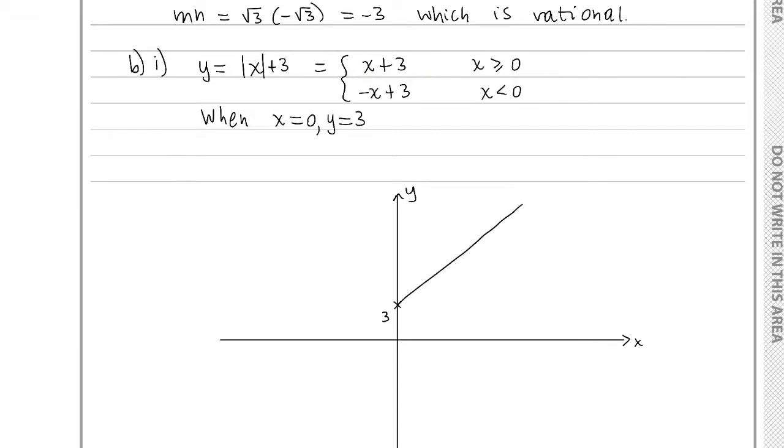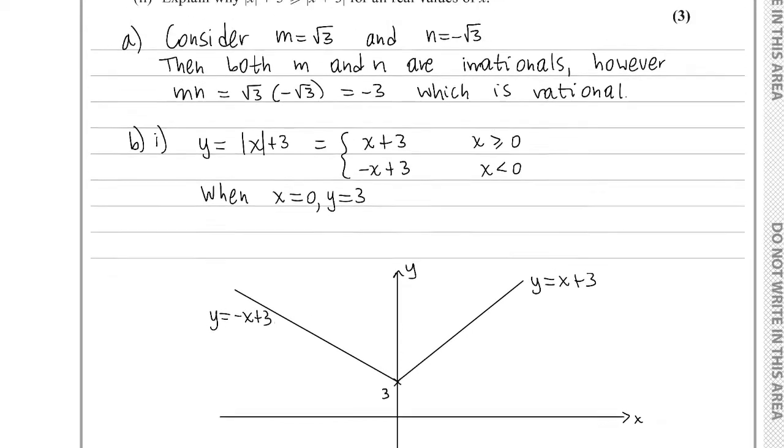I always like to label the individual line segments with their corresponding equations. And for the negative x's, we're going downhill. So it's going to be something like that. So this is y is minus x plus 3.